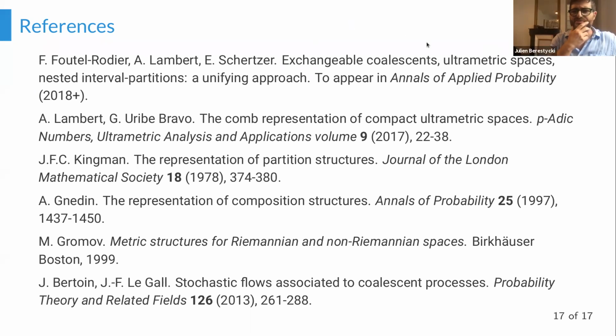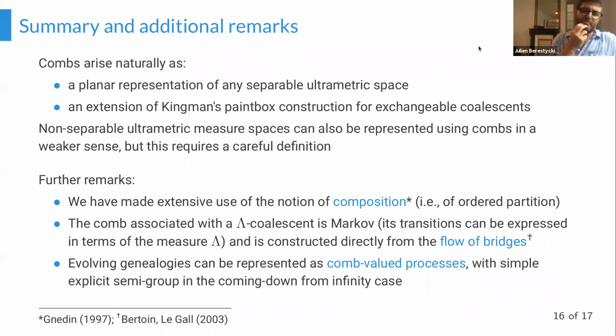Can I ask just one quick thing, as an example to try to understand? What would the comb process be for the evolving genealogies in the Kingman case? It's a very good question.